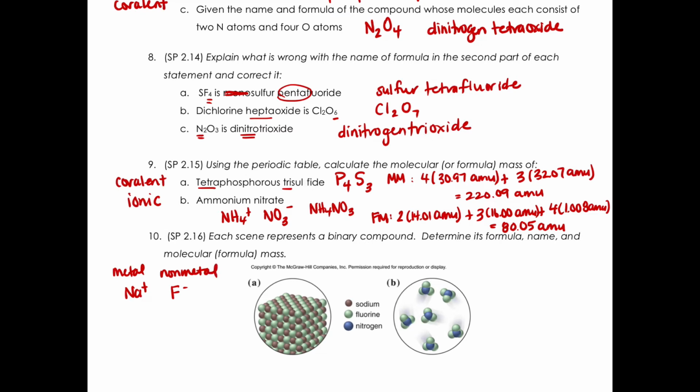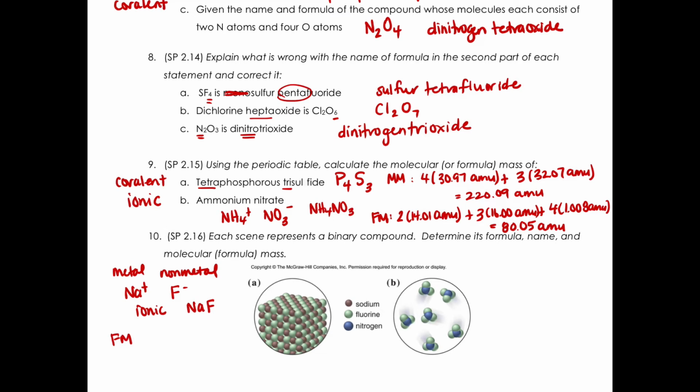So a question that I could ask is: is this an ionic or a covalent compound? Well, this is going to be an ionic compound, and the formula is going to be NaF. In doing so, and having an ionic compound that has a formula unit, we're going to have a formula mass that we calculate.